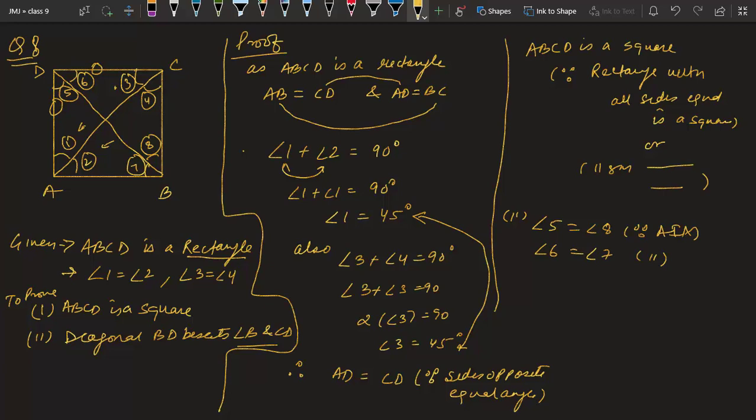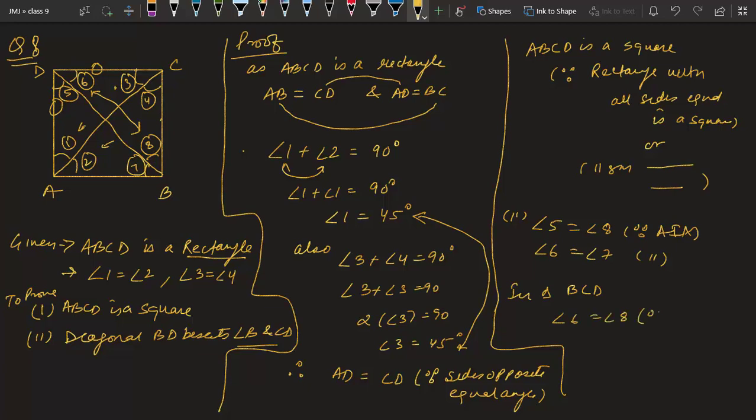So to make the connection, if you observe angles 6 and 8, what do you find? In this triangle BCD, it is a square now. We have proved it already. So we can say BC equals CD, and if BC and CD are equal, can't we say 6 and 8 are equal? So this was the connecting link. It was very easy. So in triangle BCD, angle 6 is equal to angle 8.